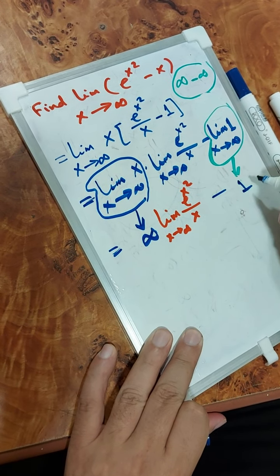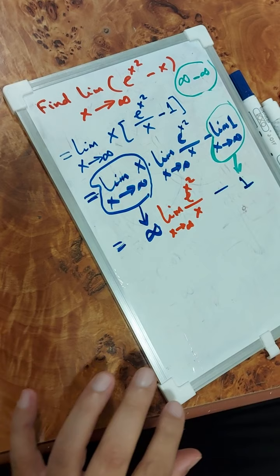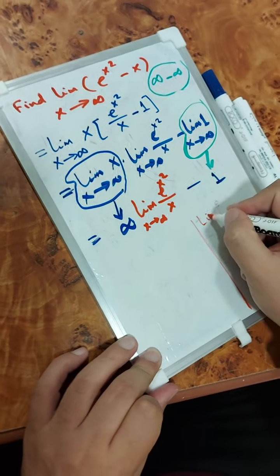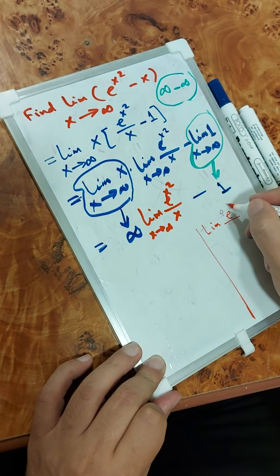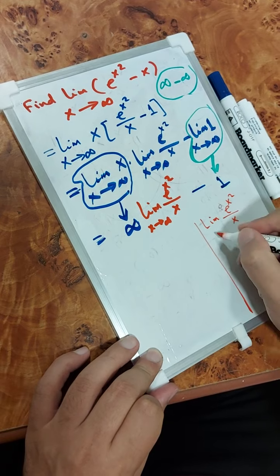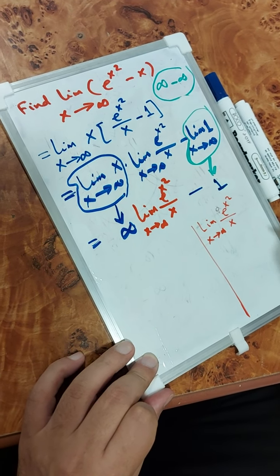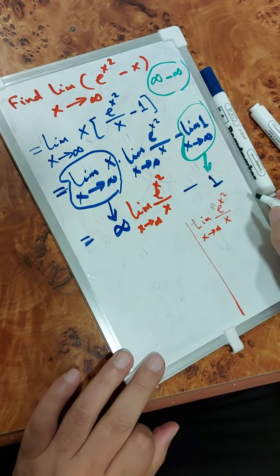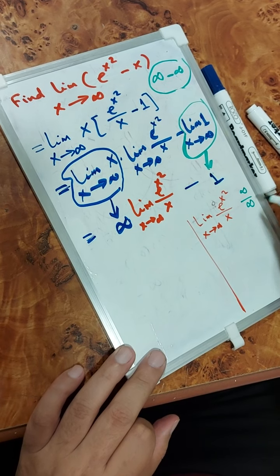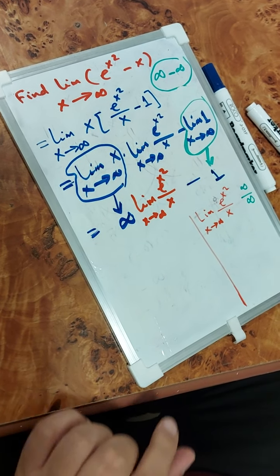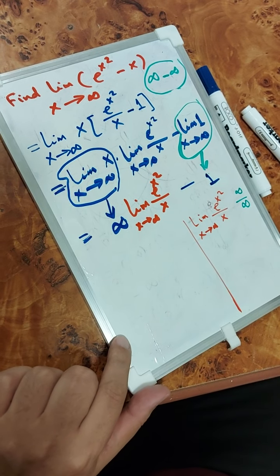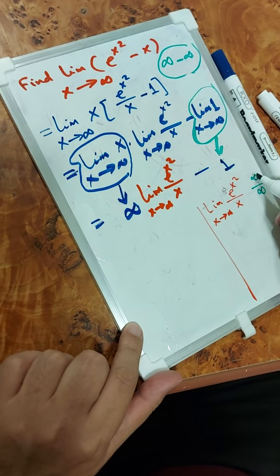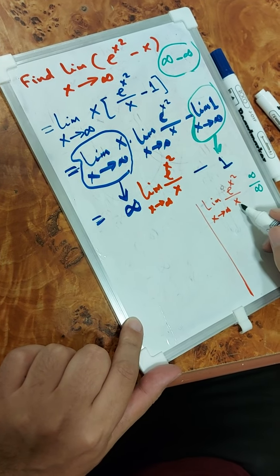If we take this limit separately, the limit of e power x square over x as x approaches infinity, we find it has an indeterminate form of type infinity over infinity. Why? Because as x approaches infinity, e power x square approaches infinity, and x also approaches infinity.